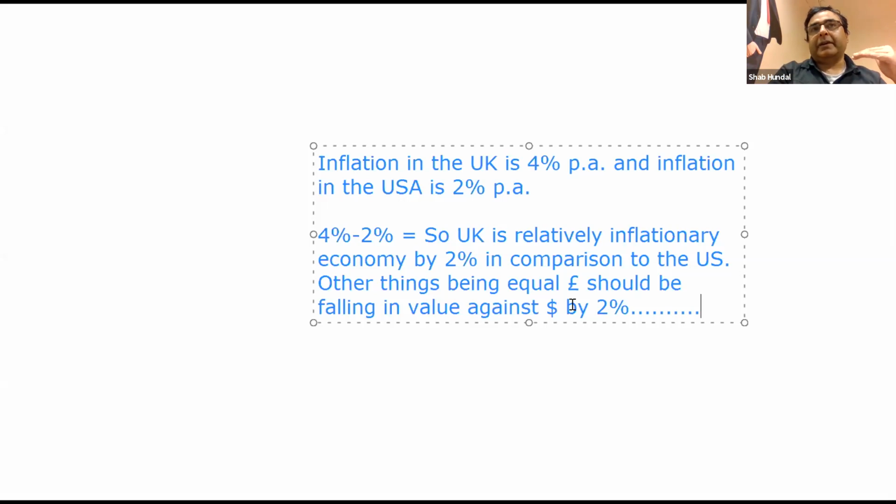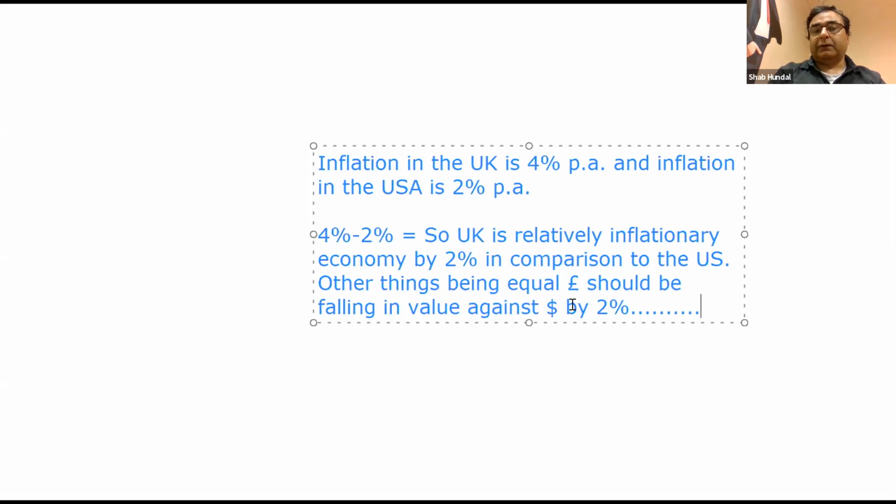And because the UK is selling fewer goods to the US, the supply of American dollars in Britain would fall. So in Britain, the demand for American dollars is increasing because American goods are cheaper, and the supply of American dollars is going down because the Americans are buying fewer goods from Britain. And as a result, what happens?